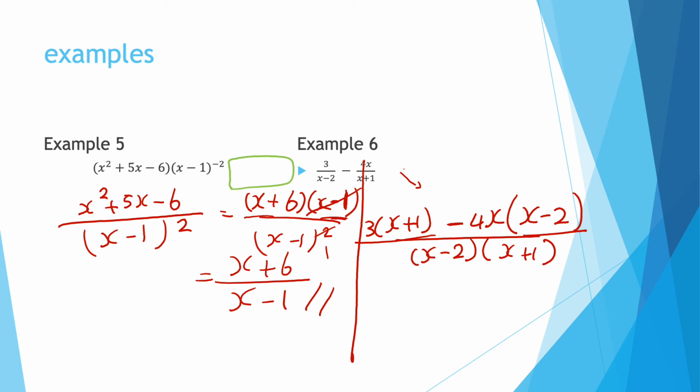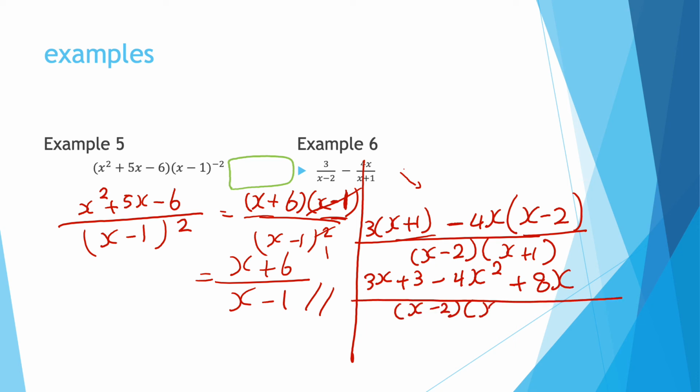Rewrite it this way, then expand, so you don't miss out any terms or mix up the powers. So negative times negative is positive, so positive 8x over. Again, I'm not expanding the denominator.